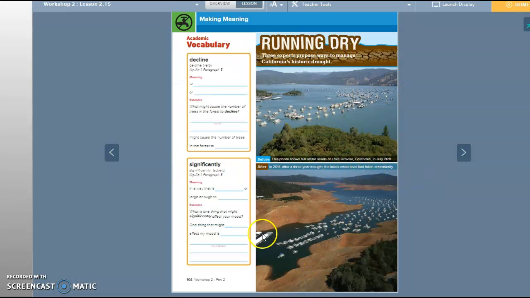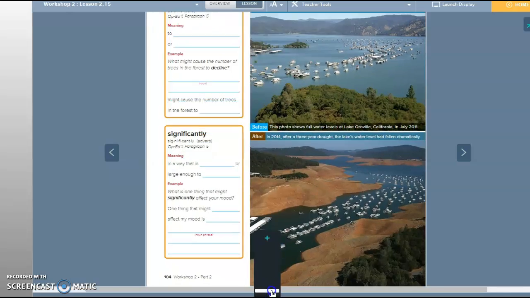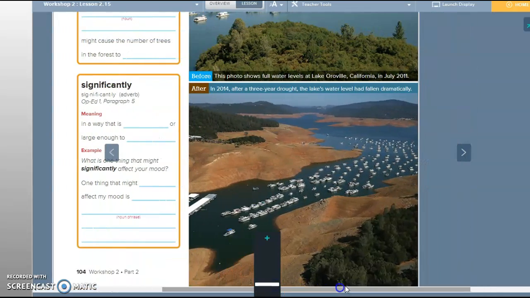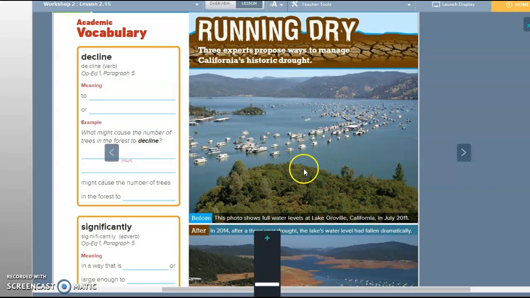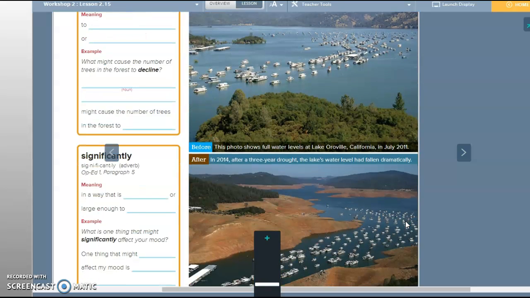All right, so let's move over. Right here, this shows us a couple of pictures, some boats out on this lake. Three experts propose ways to manage California's historic drought. Before, this photo shows full water levels at Lake Oroville, California in July 2011. So that's about ten years ago.